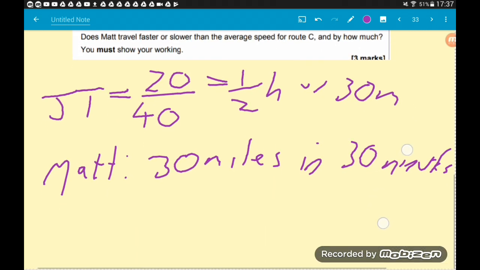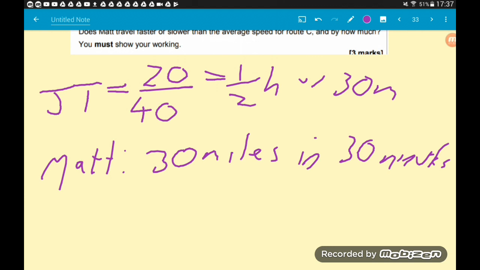So his speed has to be 60 miles an hour. Again, 30 miles in 30 minutes means 1 mile every minute. So 60 minutes in an hour, 60 miles per hour. So Matt is going to be travelling at 60 miles per hour.